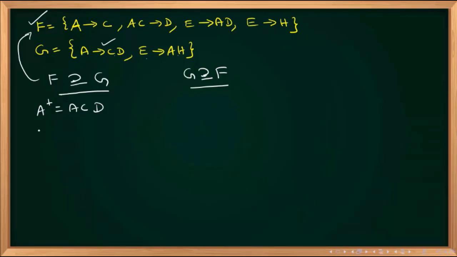So I take E closure on top of F. E closure contains E, A, D, and then H: E, A, D, H. I need that much, maybe more will be there. E gives AH is satisfying.